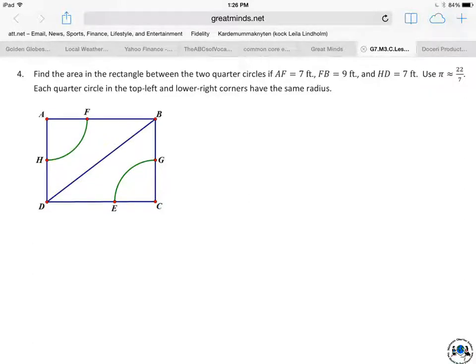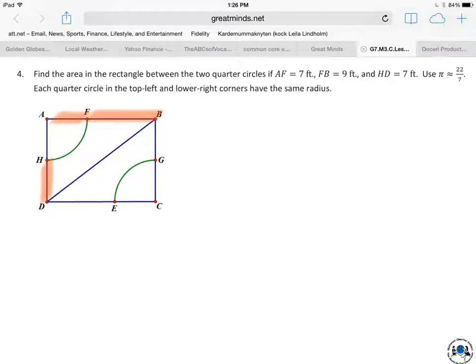Alrighty, so here we go. Fourth and final exercise to end this lesson, and then we'll close, and you can get on your way doing the rest of your work. Find the area of the rectangle between the 2 quarter circles if AF equals 7 feet, FB equals 9 feet, HD equals 7 feet.